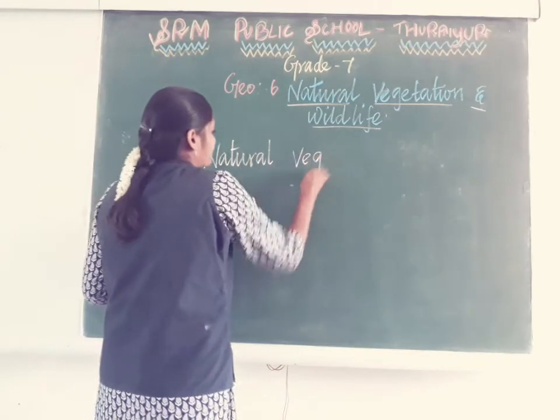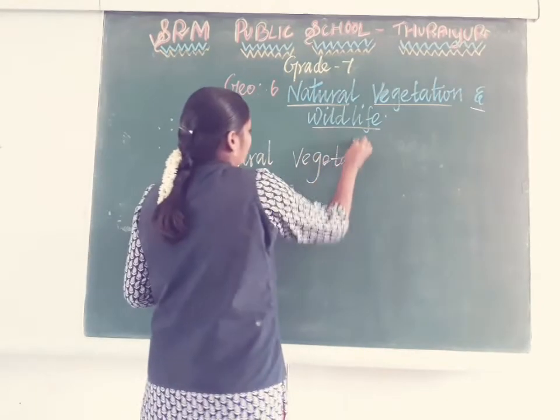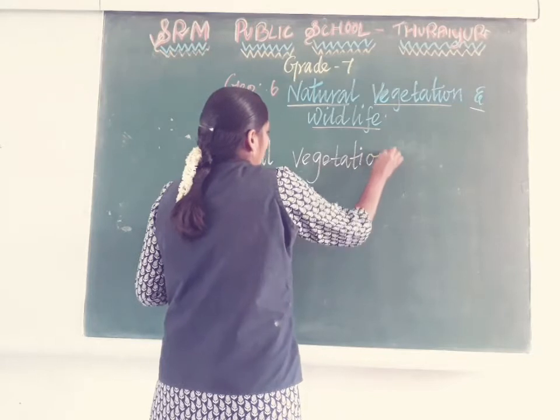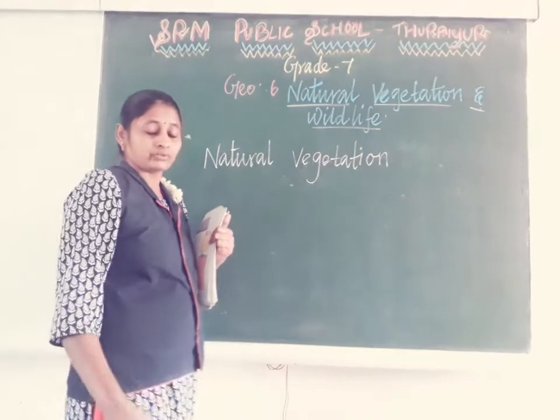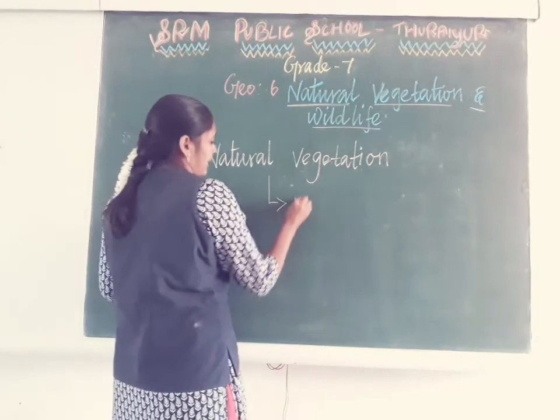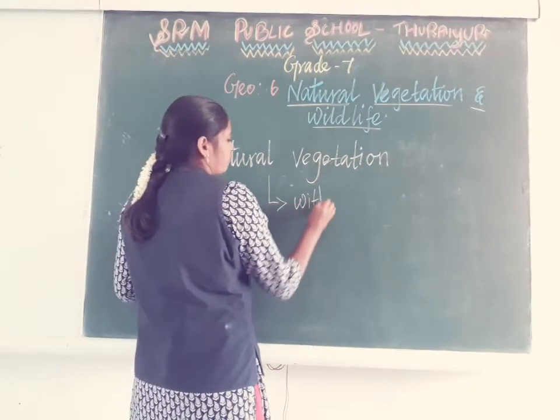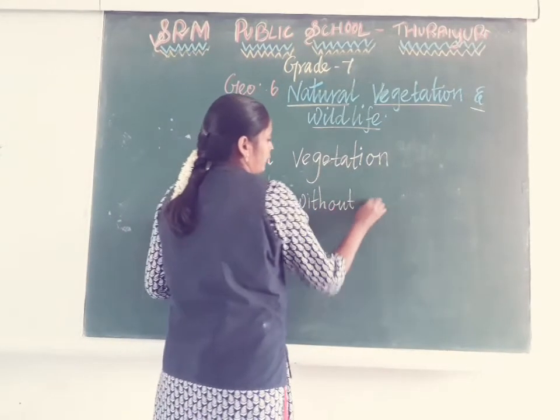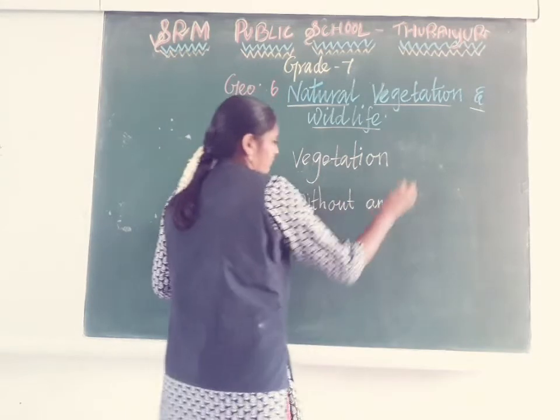So what is natural vegetation? Natural vegetation is nothing but a plant that grows in a place without any human activity.